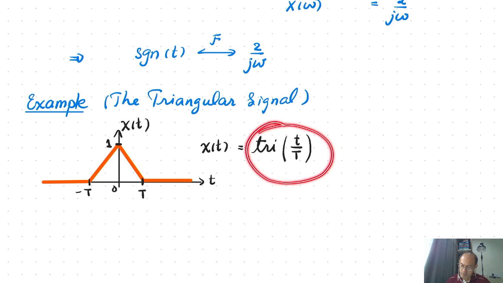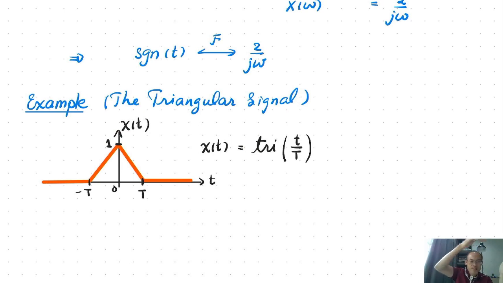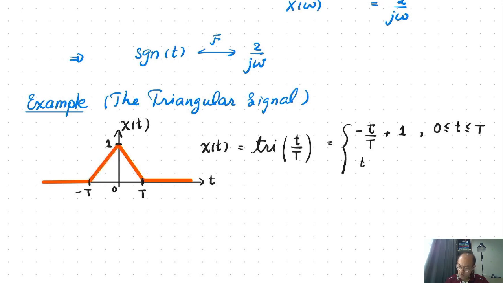So whenever you see this notation, it means that it is the triangular signal that goes to the right by T and goes to the left by T. So the mathematical expression: when the time is positive, it is a straight line graph with slope of minus 1 over T, so it is minus t over big T, and the y-intercept is 1, so plus 1, when time is 0 up to T. When time is negative, the slope is 1 over big T, so it is t over big T plus 1.